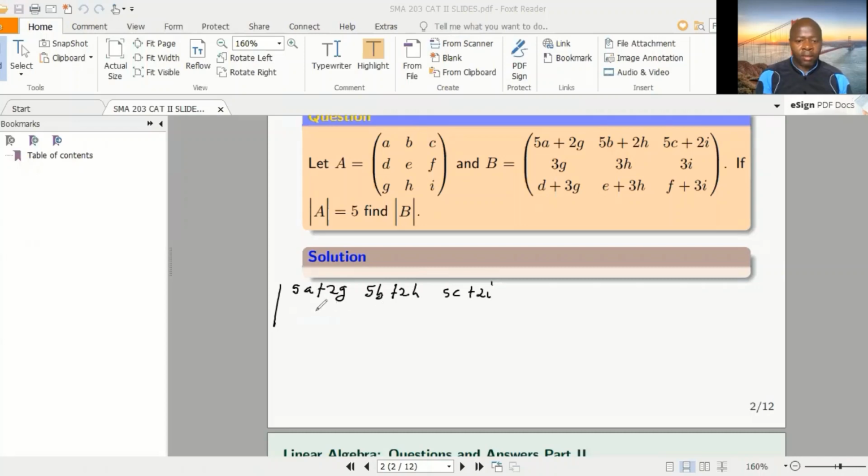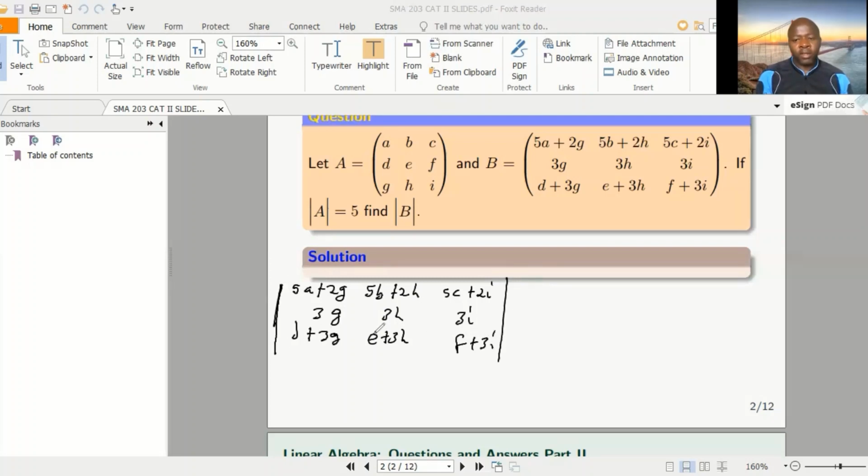And then this other one is 3G, 3H, 3I. And this one is D plus 3G, E plus 3H, and F plus 3I.